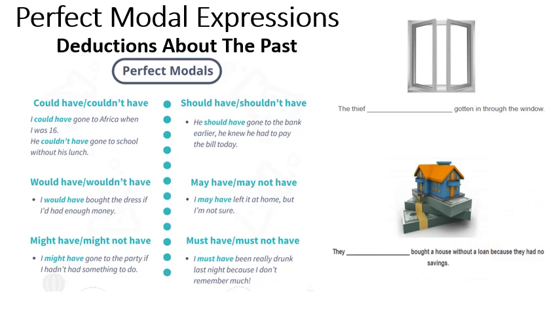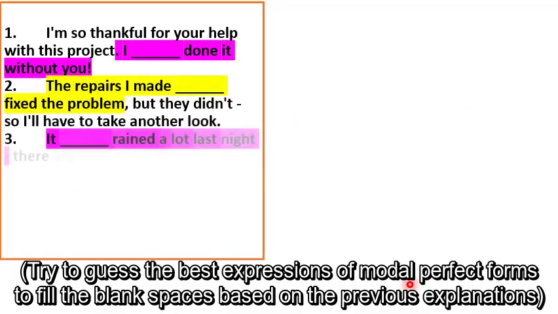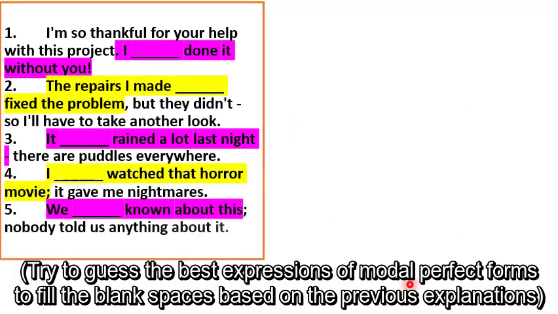Okay. The next slide is this. Look at the 5 examples for the exercises to make sure you're understanding. I give you about 10 seconds to read and try to understand.